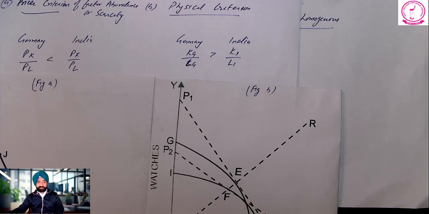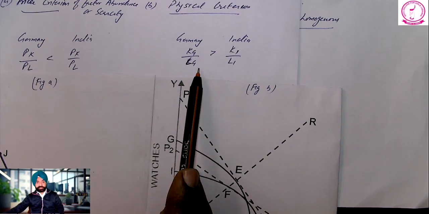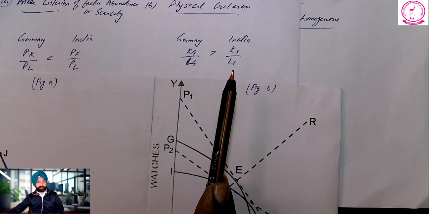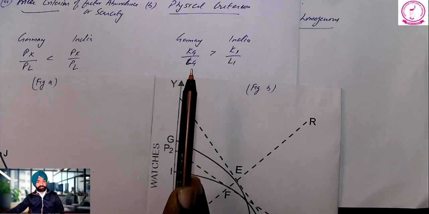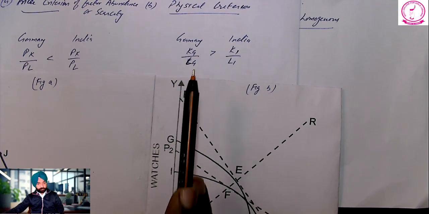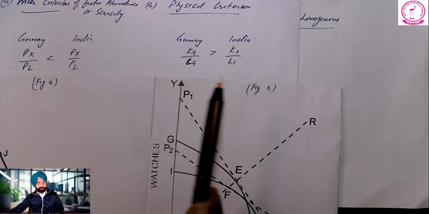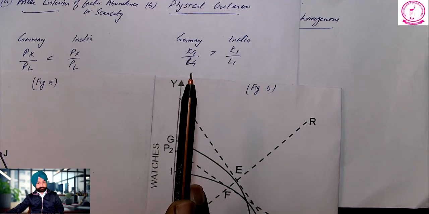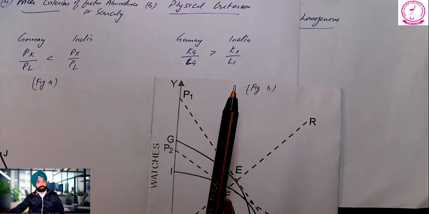So here again, capital in Germany over labor in Germany is greater than capital in India over labor in India. It means capital in Germany is in abundance, much more than in India. So Germany will be happy to employ more capital in comparison to India.